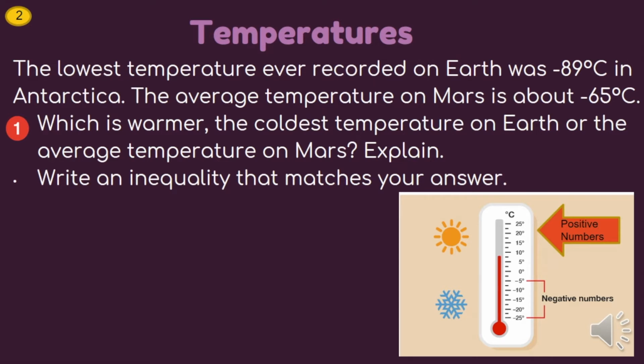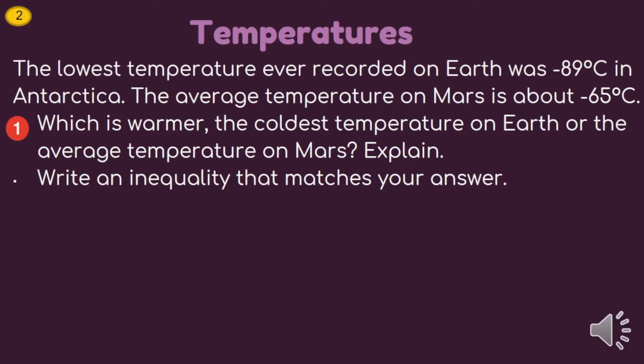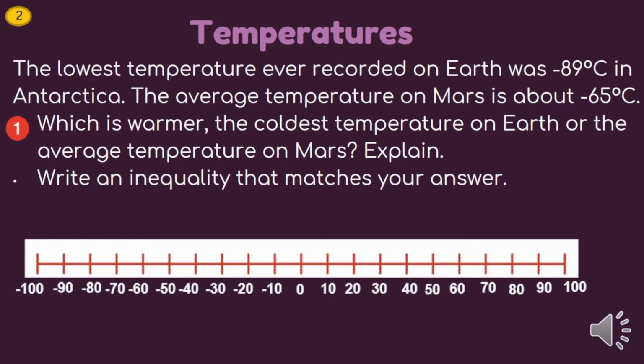Now, of course, we know that when the temperatures are above 0, those represent warmer temperatures because the number is positive. And when the temperature is below 0, those temperatures are colder because the numbers are negative. So where would we plot negative 89 and negative 65 on a number line? Do you know? That's it.